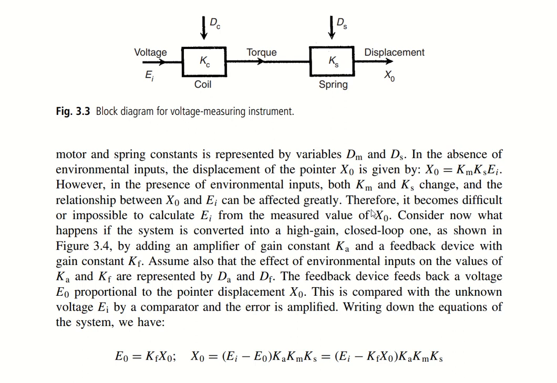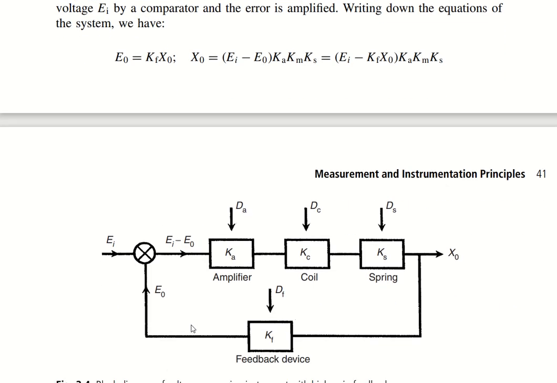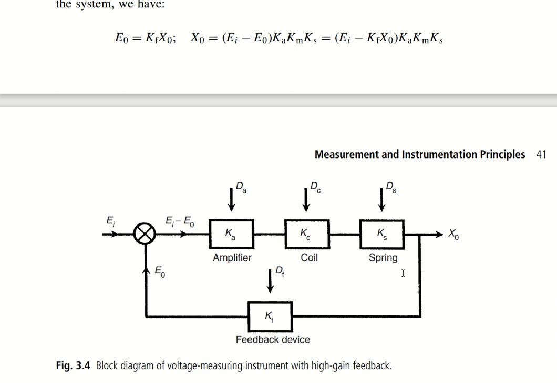So the feedback device feeds back a voltage E0 proportional to the pointer displacement x0, and this is compared with the unknown voltage ei by a comparator, and then the error will be amplified. See, right? Here you have dA, dm, ds and dF.